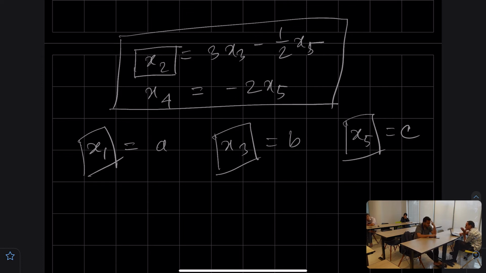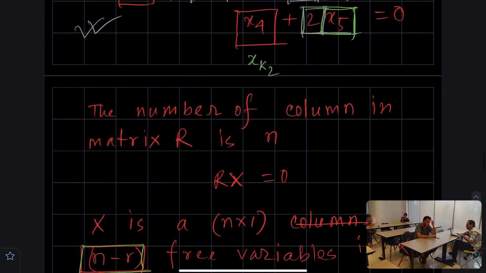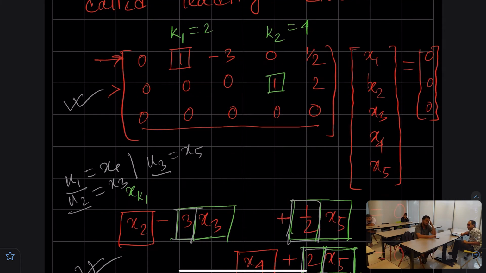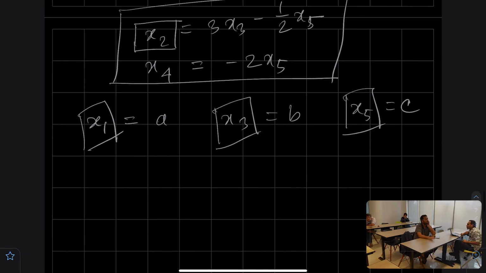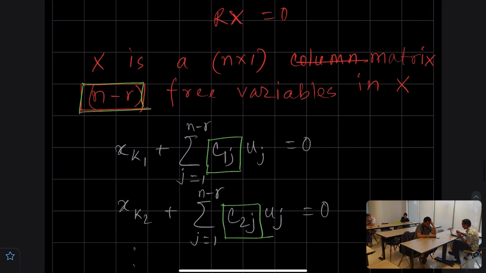You can choose a equal to 0 but b and c non-zero, but that is not a trivial solution. x1 may not appear in the reduced system, but that is still a free variable. So that's why I wrote this: X is an n cross 1 matrix, so n minus r free variables in X.